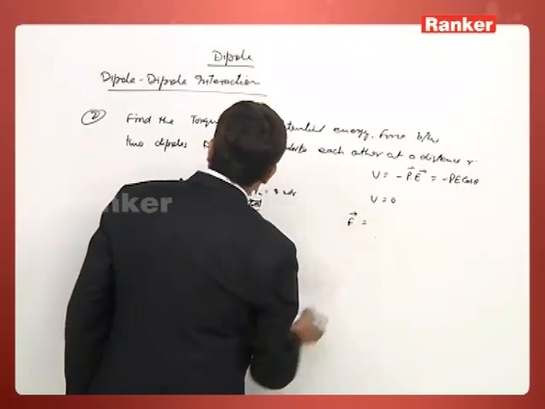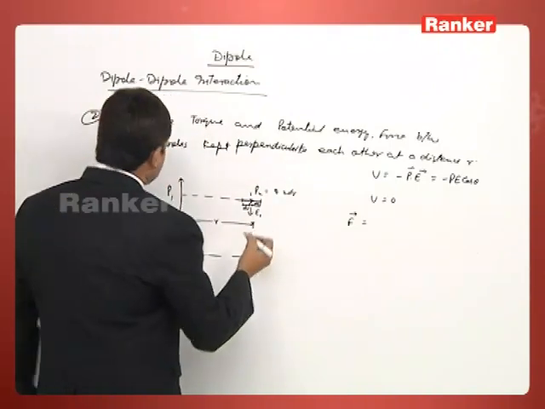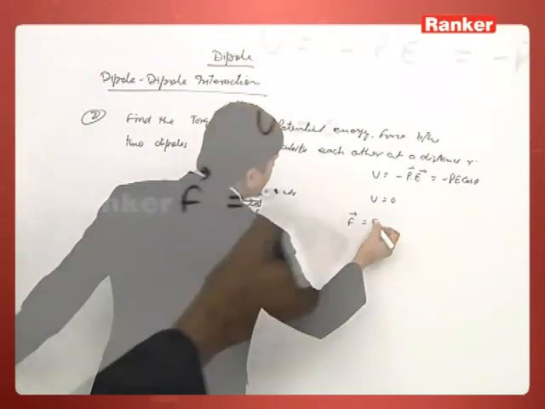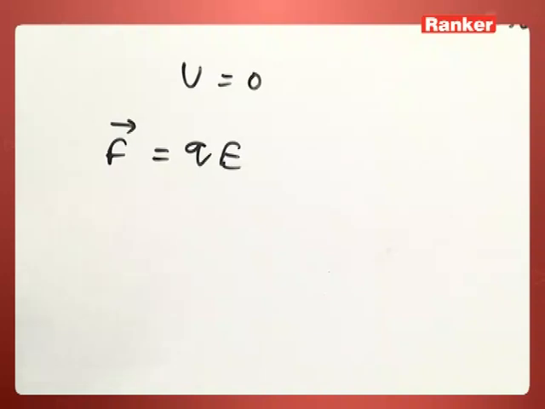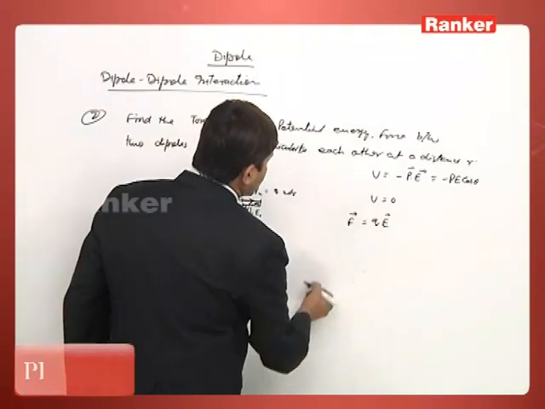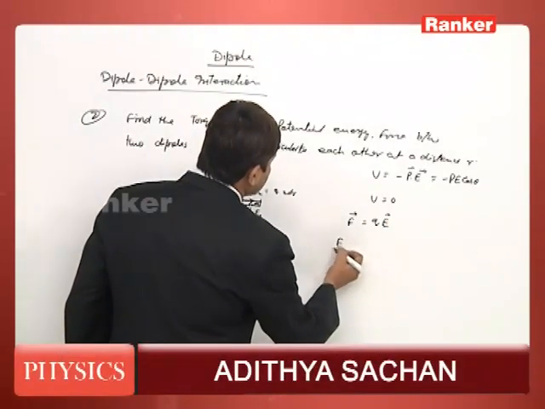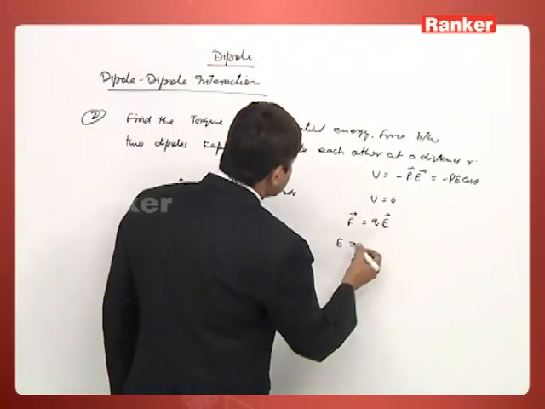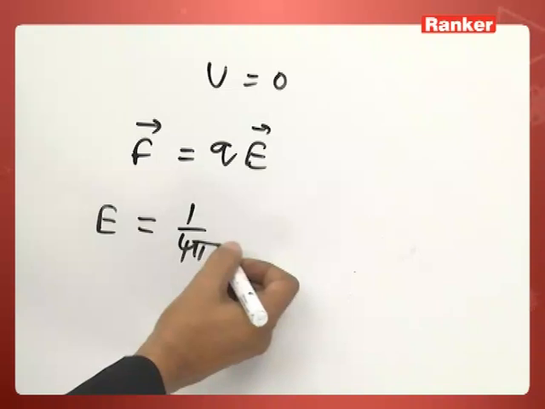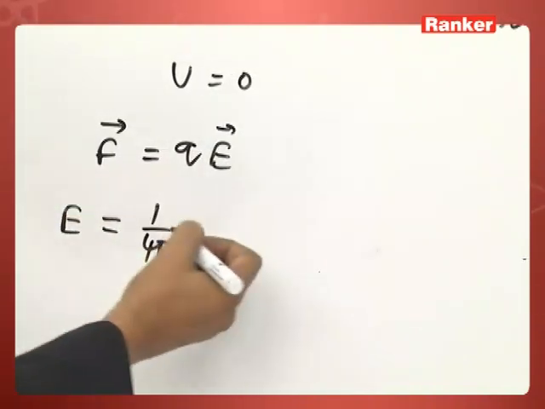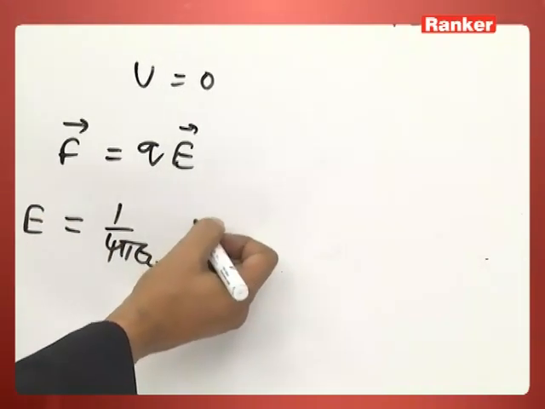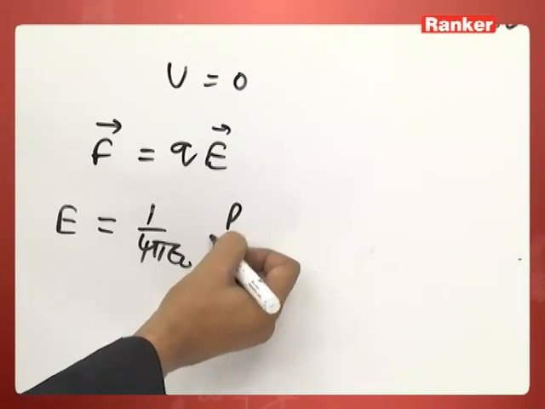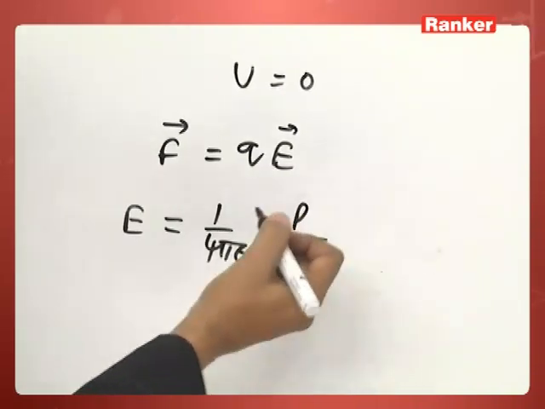The force F is Q into E. So first we would like to calculate E, how the electric field varies. E at equatorial position is given as 1 by 4 pi epsilon naught, P by R cube.